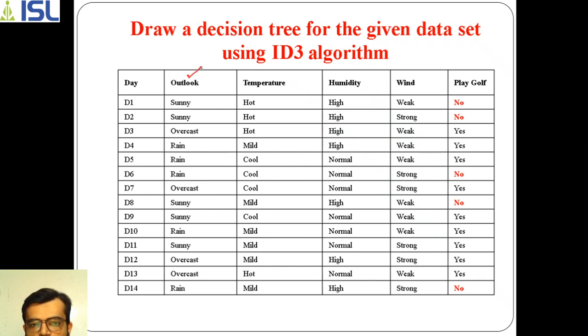Here outlook, temperature, humidity and wind are the attributes. The output gives binary values, either yes or no, so it is a classification problem, not regression. There are 14 records in the data set, remember this.